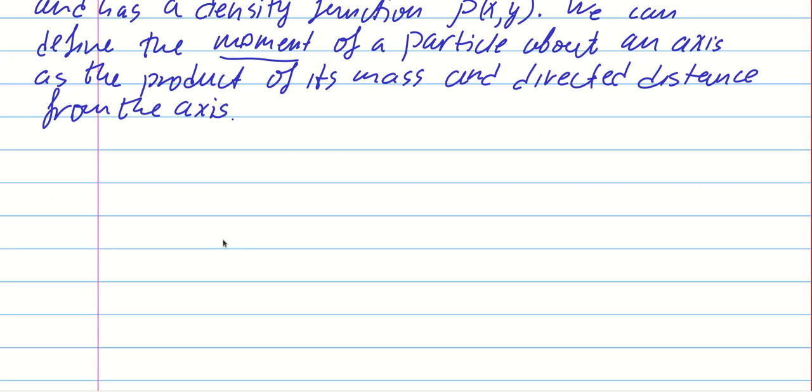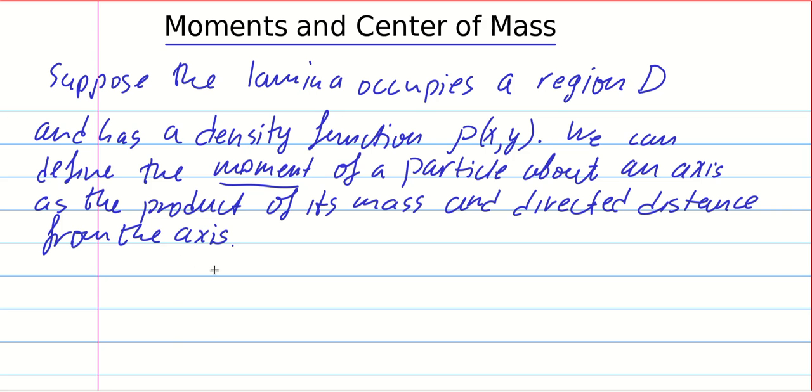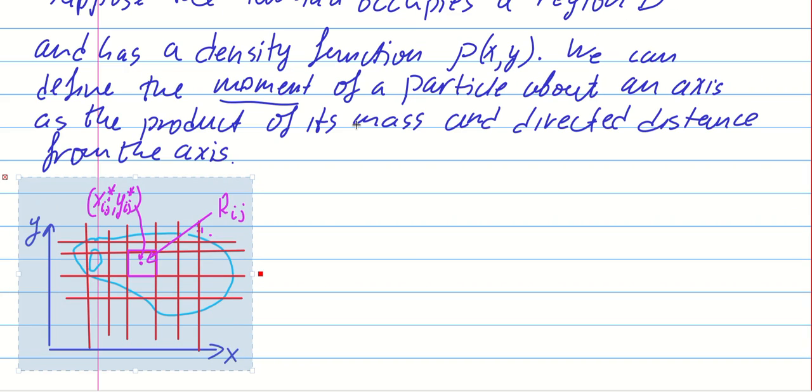So I took the picture from the last lecture. Sorry, some technical issues. One sec. So we had a couple of technical issues, but I took the picture from the last lecture over here. So this is our lamina in blue, and we occupy the region D over here.